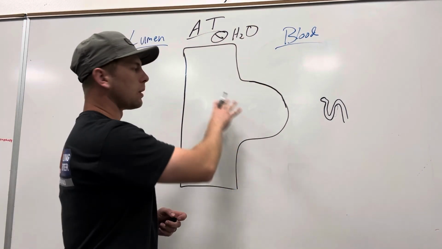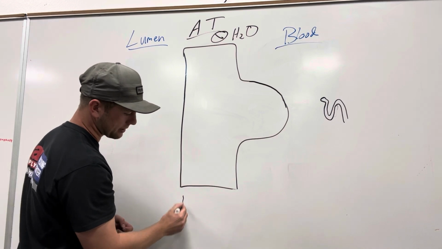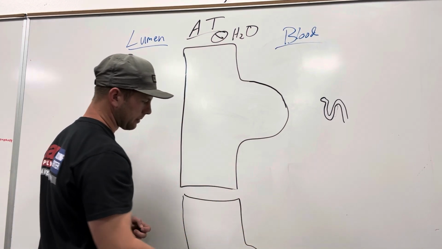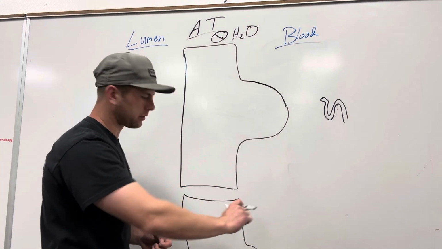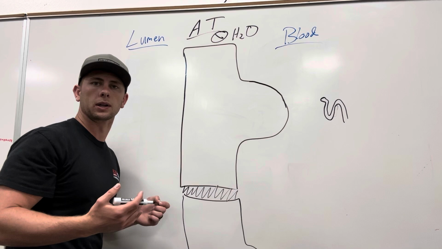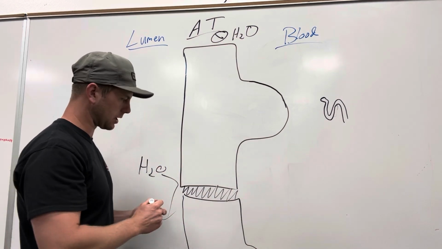So we won't have aquaporins, and we also won't have these gaps. So we had a cell, right? And we have these gaps that water could flow through. Well, these are going to come together, I don't know if they fuse, I don't really know what goes on, but basically water cannot get through. It just bounces off.